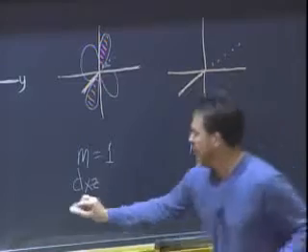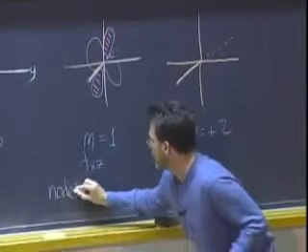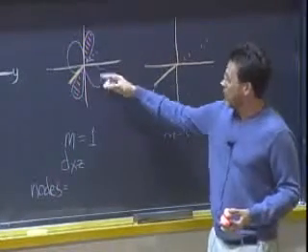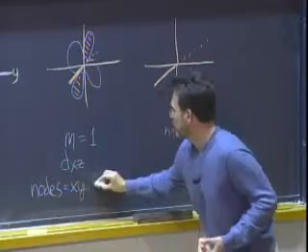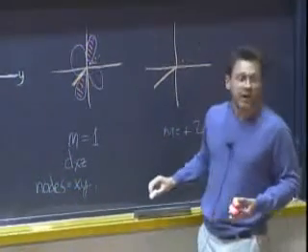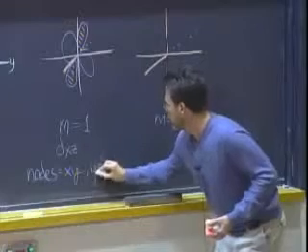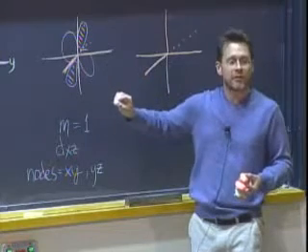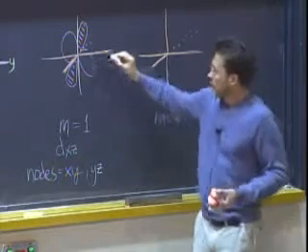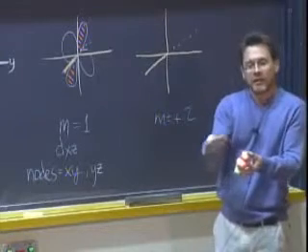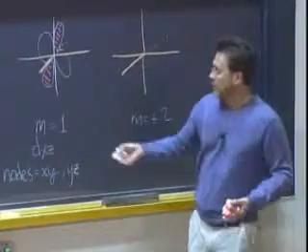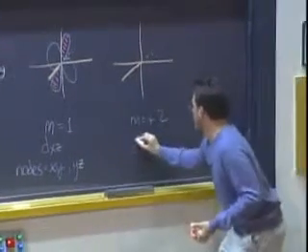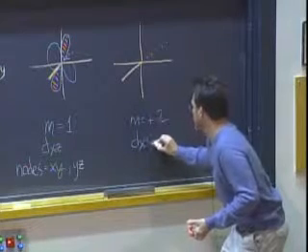And that means that it has nodes. You have 2 planes that are nodes for a dxz orbital. And one of these is the xy plane, and then the other one is the yz plane. Okay, so those are planes. When you go from one side through one of those planes to the other side, the wave function changes sign. Okay? And just like a p orbital has a single, each p orbital has a single nodal plane, each d orbital has 2.